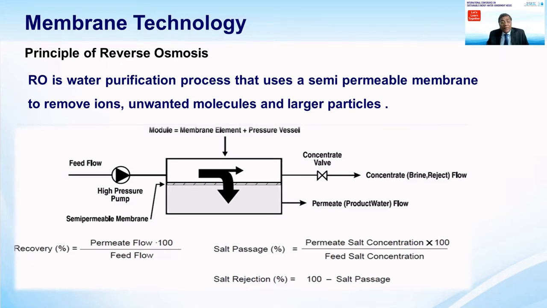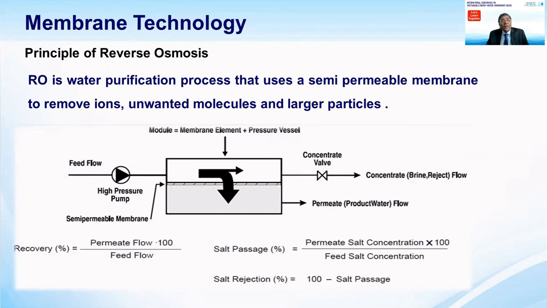And you can see one term which we normally use is the recovery of the system. Recovery of the system depends upon various factors. It depends upon the path length of the membranes, how many membranes in series you are putting in. And the second term is the salt passage. If you see at the bottom, recovery percentage is basically permeate flow divided by the feed flow into 100.